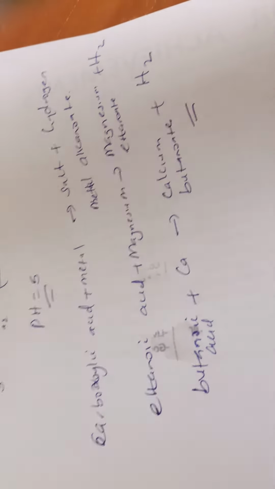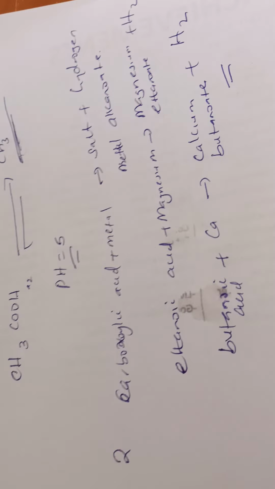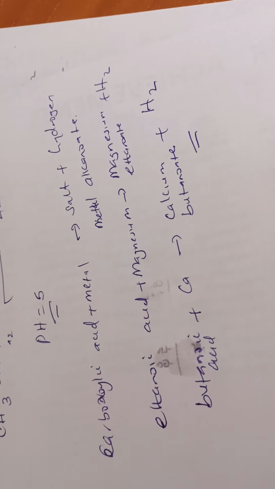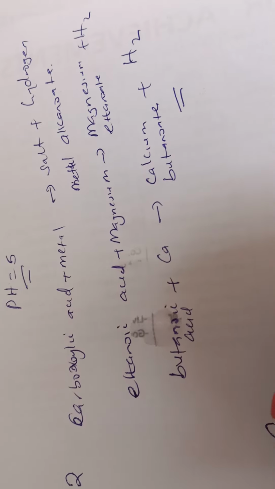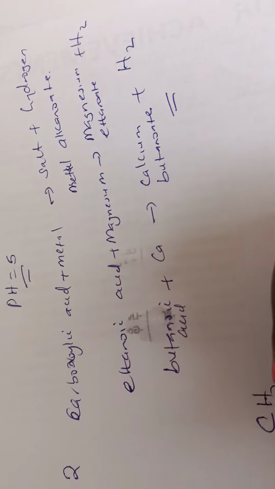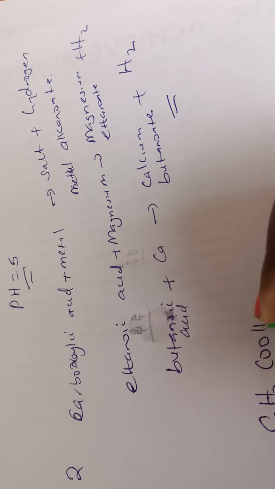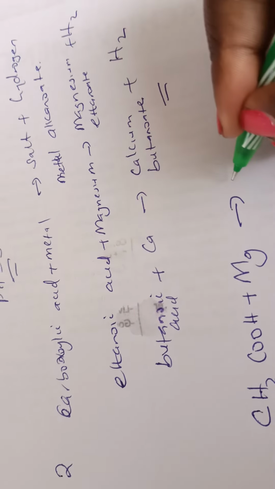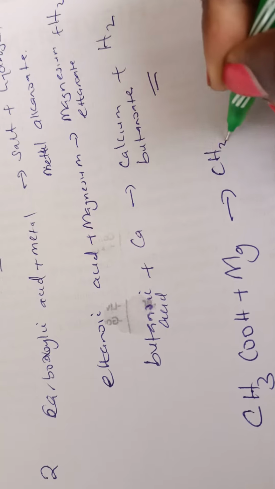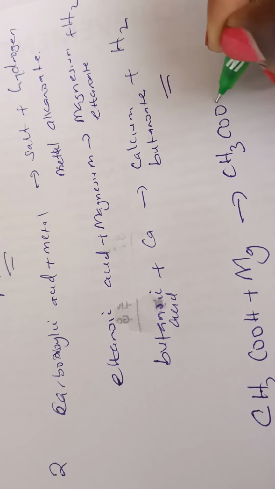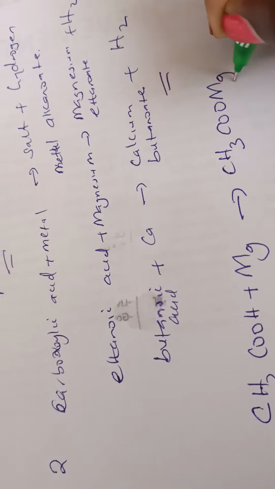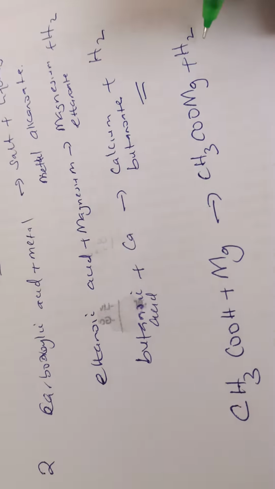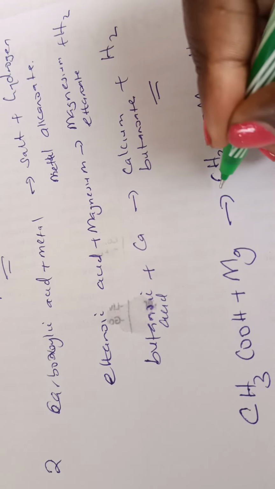That is another reaction. For example, we write an equation for the reaction between ethanoic acid and magnesium. So ethanoic acid is CH3COOH plus magnesium, and the H is replaced by magnesium, so we have (CH3COO)2Mg plus hydrogen gas. Because of hydrogen gas, that tells you it has to be H2.